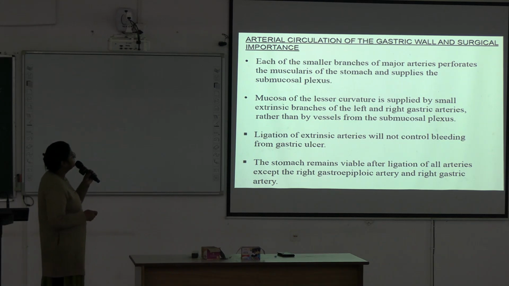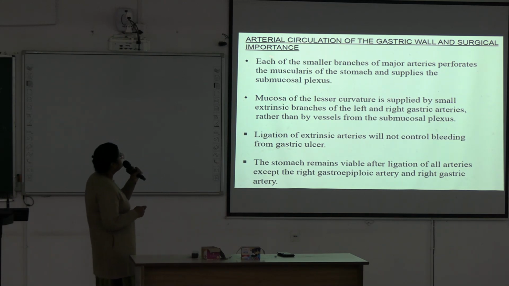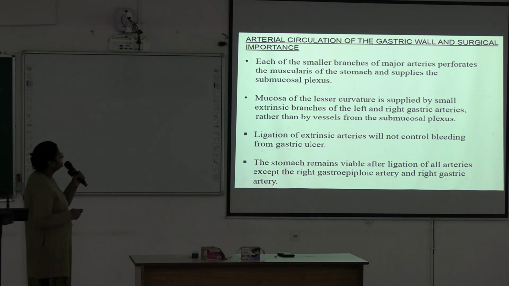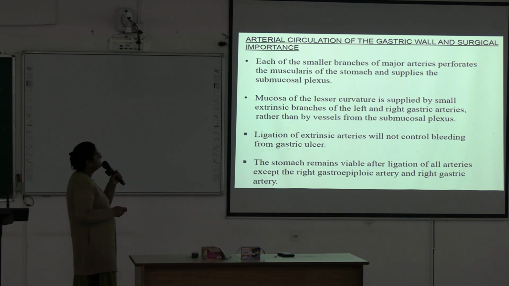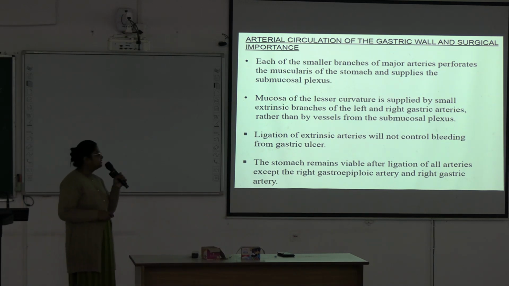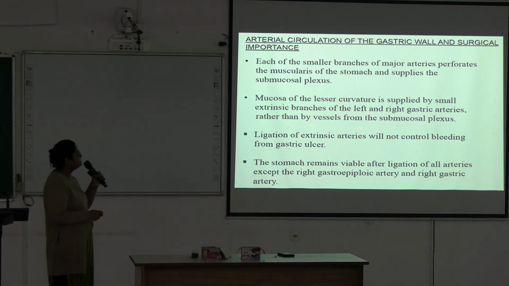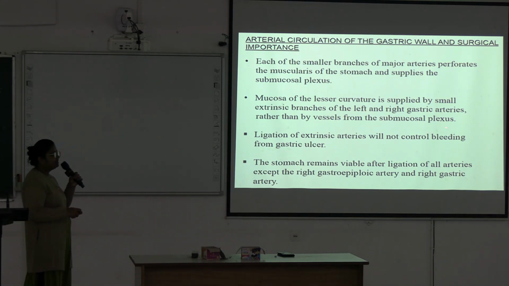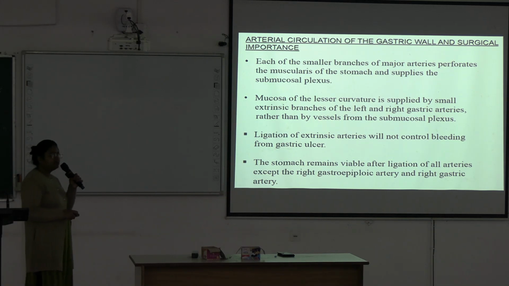Next, at the microscopic level, the arterial circulation of the gastric wall and surgical importance. Each of the smaller branches of major arteries perforates the musculature of the stomach and supplies the mucosal plexus, and the mucosa of the lesser curvature is supplied by small extrinsic branches of the left and right gastric arteries rather than by vessels from the submucosal plexus.